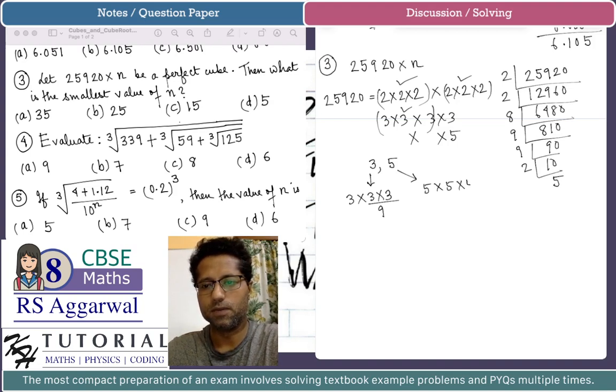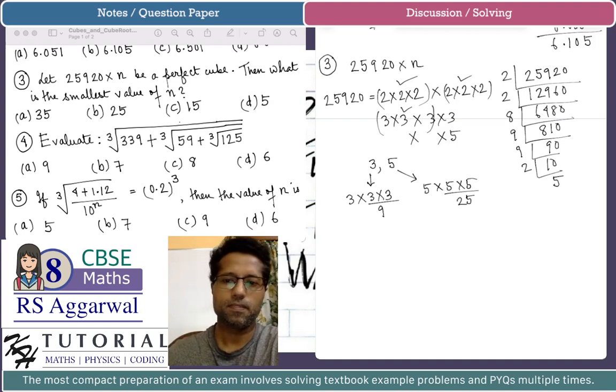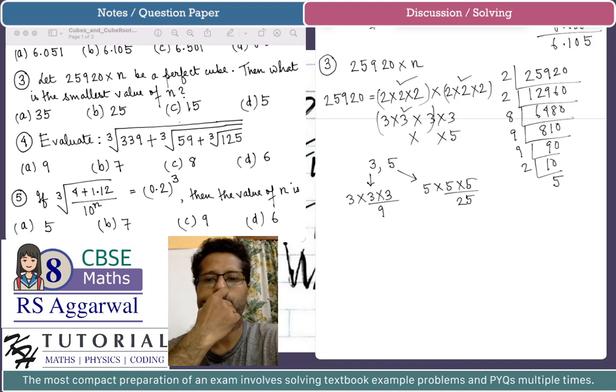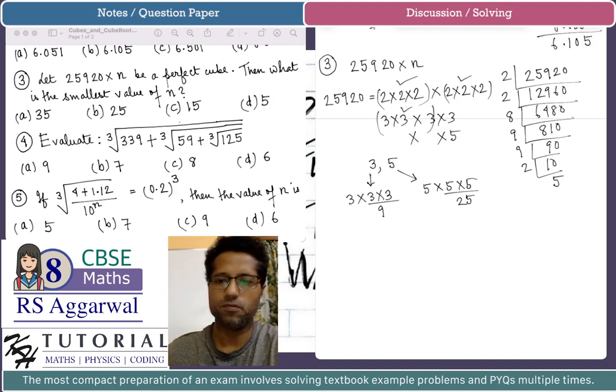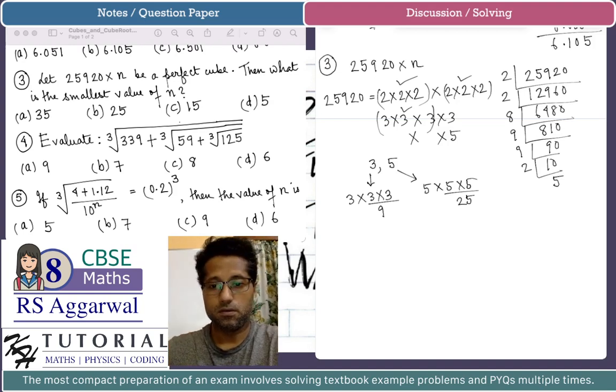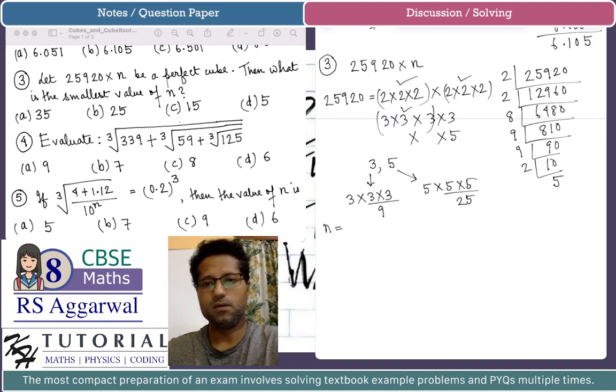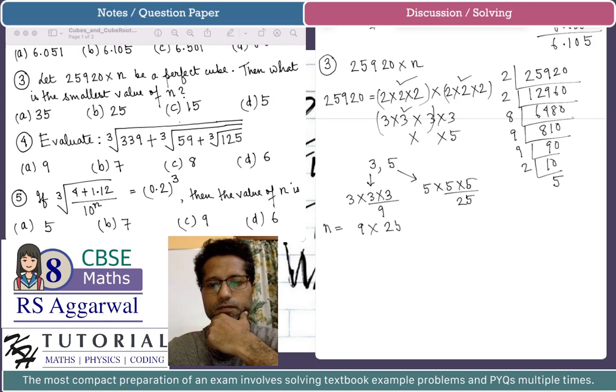That is, we have to multiply with 5 into 5, 25. So n should be 9 multiplied by 25.